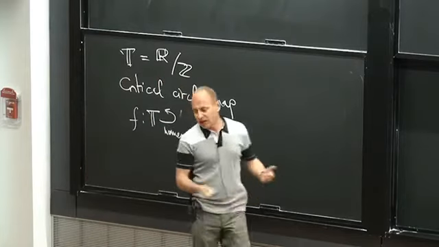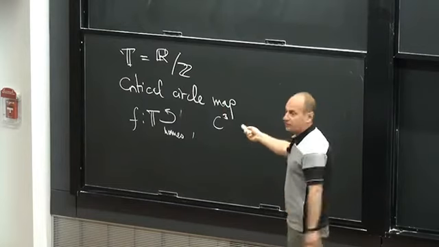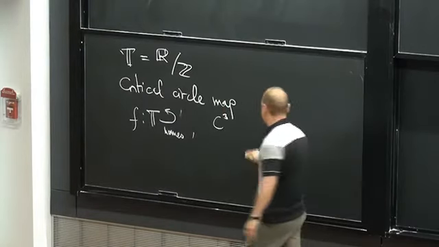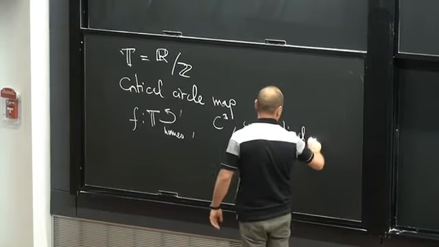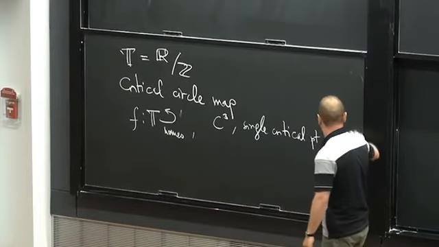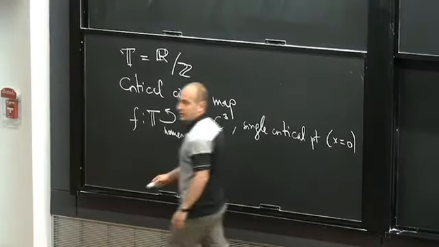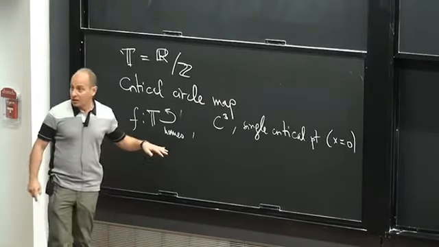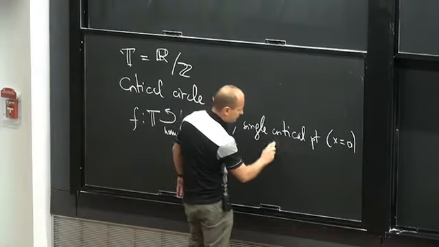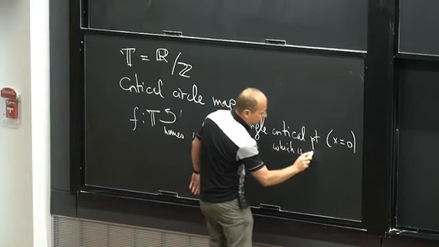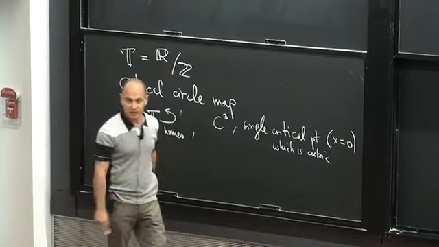Smooth, let's say C3, or 2 plus epsilon if you like. It will have a single critical point. For simplicity, I'll always put it at 0. And this critical point is non-flat. And again, for simplicity, we'll assume that it's cubic. So the map near this point looks like A x cubed plus B.